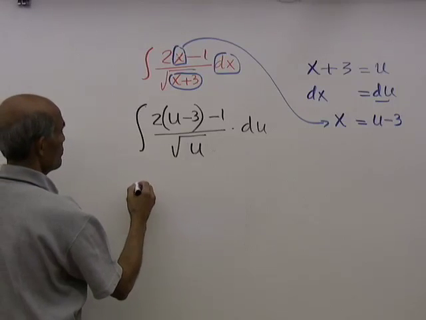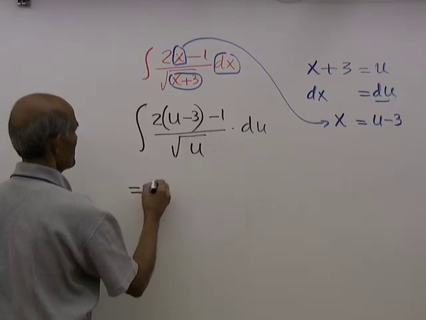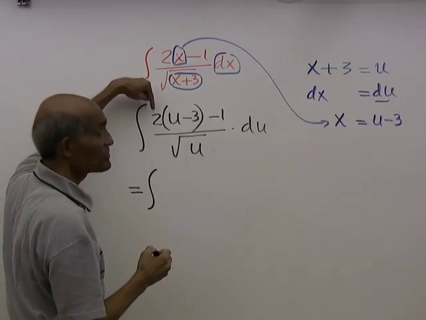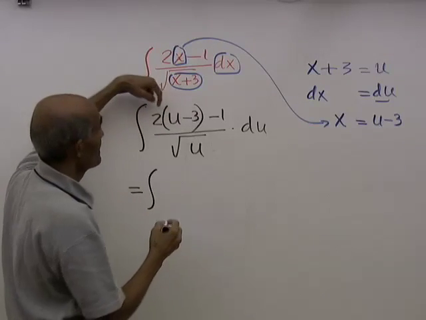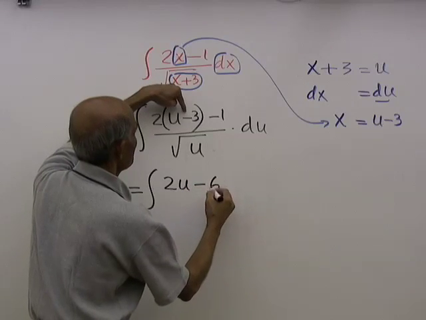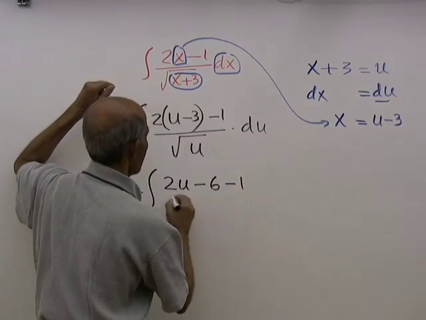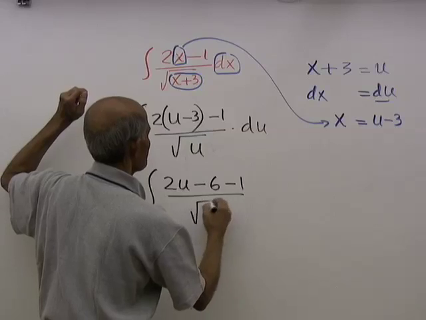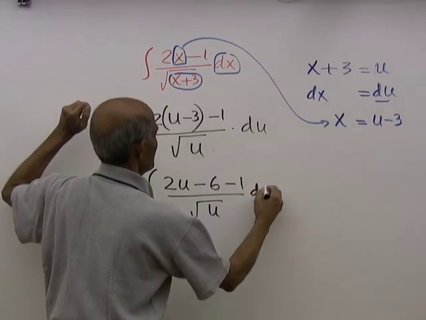This will be equal to the integral. Let's first of all distribute this. This will be 2u minus 6 minus 1 over square root u du.